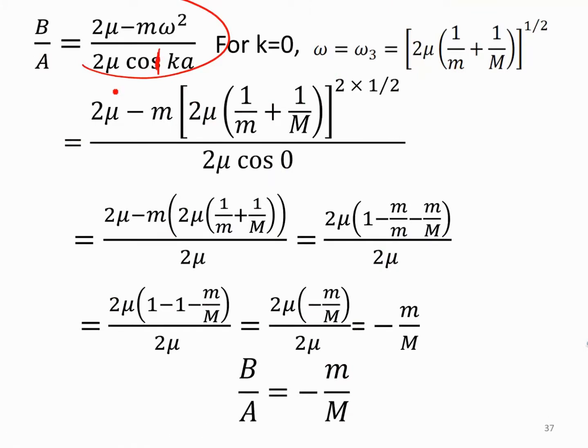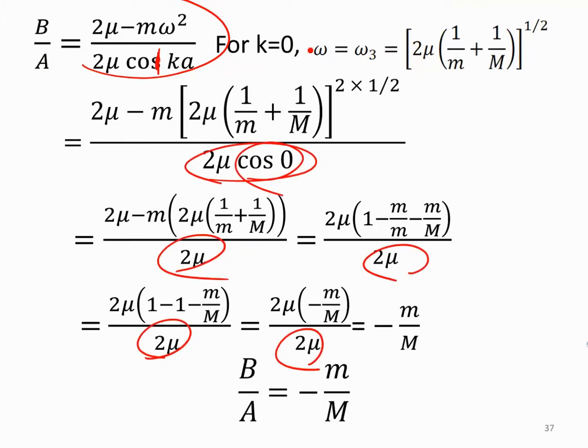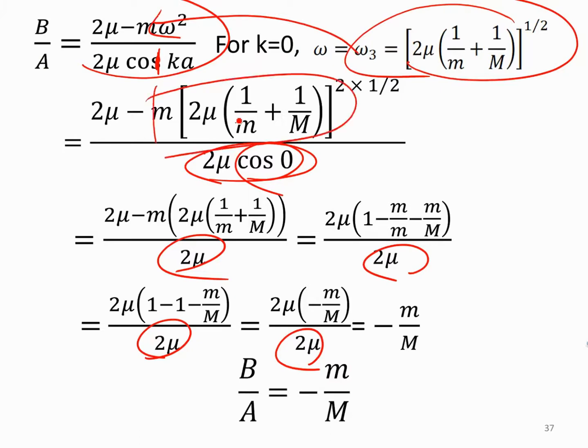Cos 0, you get 1, so you get 2 mu. And then omega equal to omega 3, you substitute this omega into here. Okay, you get this one. Then you solve it, you get B over A equal to small letter m over capital M.